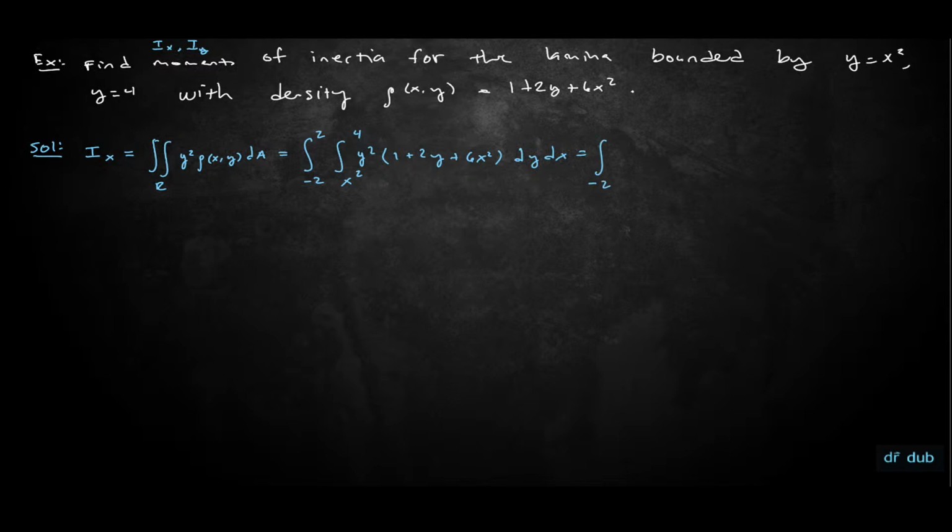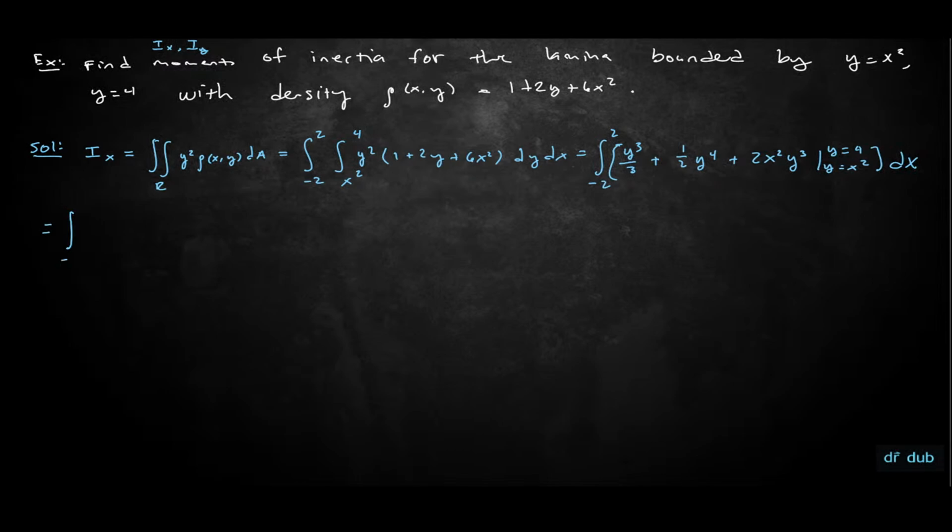We get the integral from -2 to 2 of y cubed over 3 plus 1/2 y to the 4 plus, 6 over 3 was 2, x squared y cubed, from y equals x squared to y equals 4, dx.